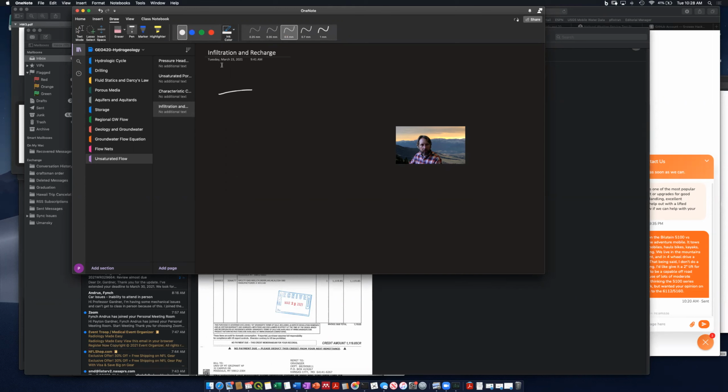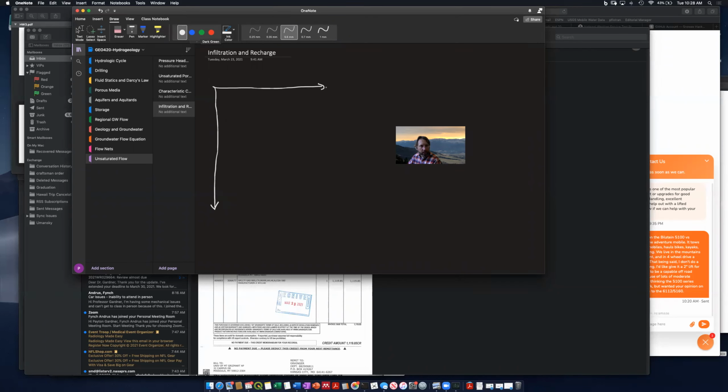So here's my, let me try and draw that a little better. So here's my land surface. And going down, here's depth.